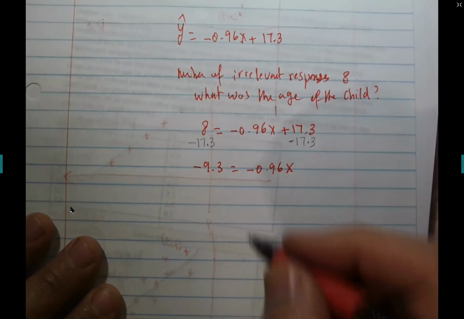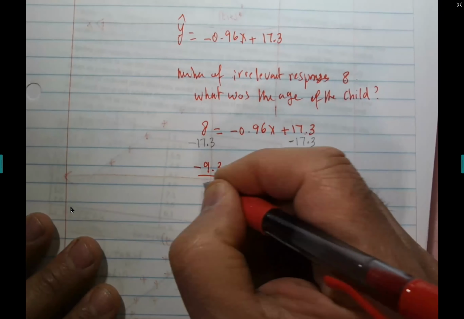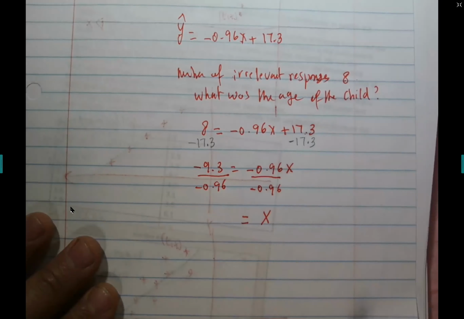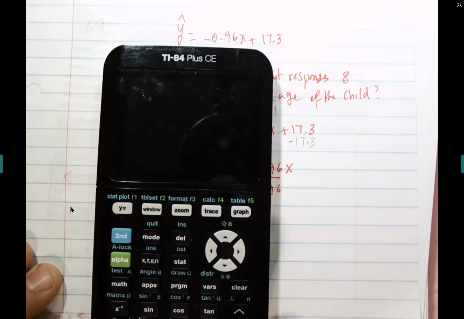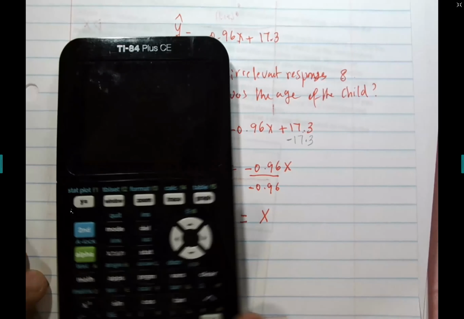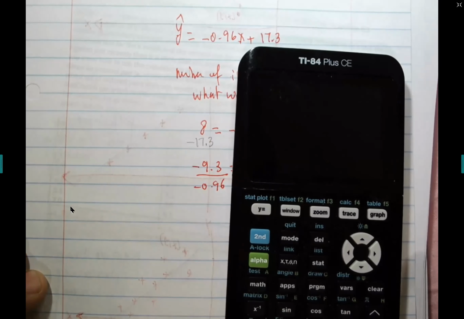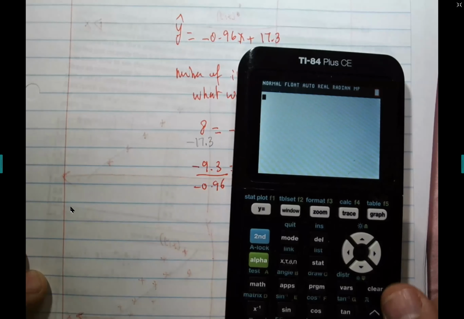Now, in order to find x, all you need to do is divide by the number that's attached to x. So just divide both sides by negative 0.96, and then your x will be, let's do it on the calculator. Negative divided by negative is positive. So I'm just simply going to divide 9.3 by 0.96. Clear? 9.3 divided by 0.96.